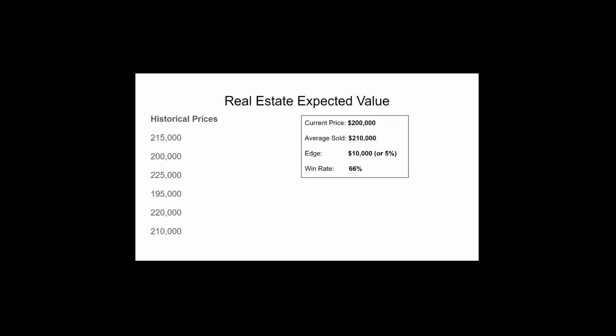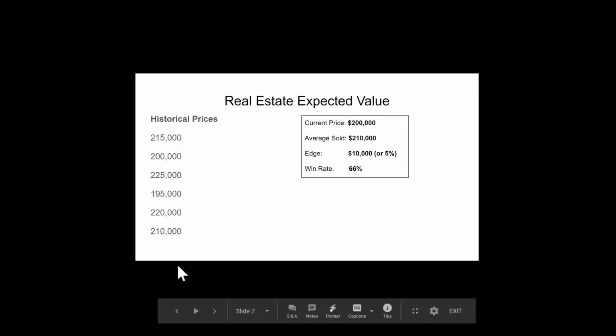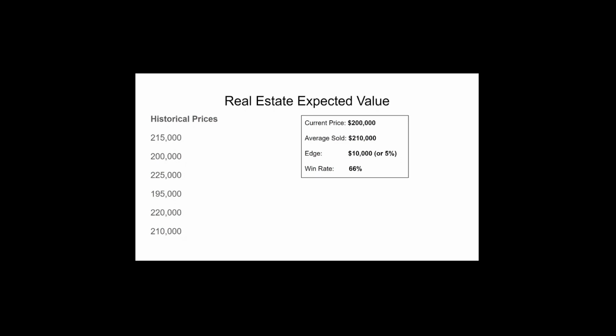And the win rate would be that 66% of the houses sold at or above 200,000. So you see 215 sold above 200, 200 is even, 225 above, 195 below. So you could see that 66% of them sold at or above 200,000.